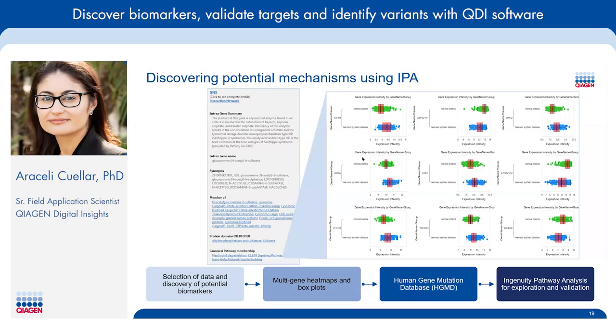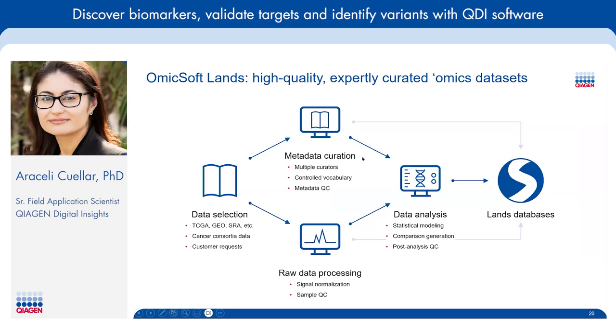Now, first, we're going to start off by talking about Omicsoft. And so many of you may not be familiar with Omicsoft. Some of you may have used it before. And so our Omicsoft technology allows users like you to explore public data sets.